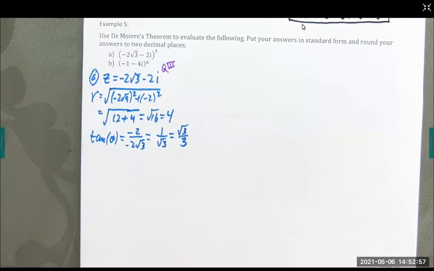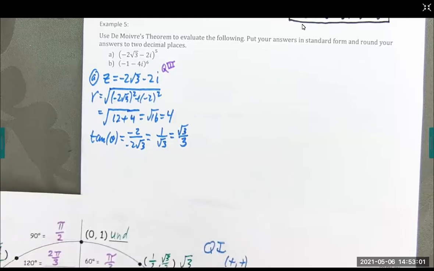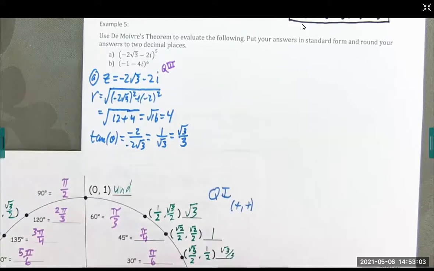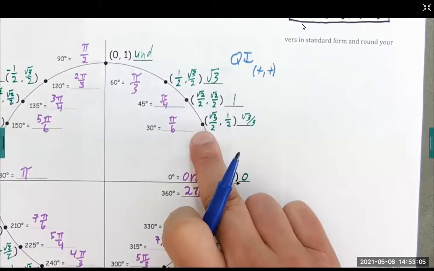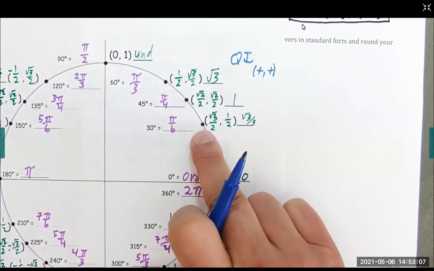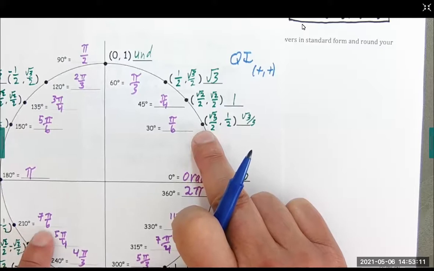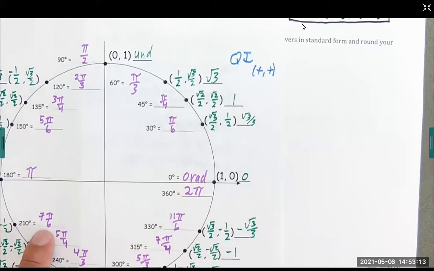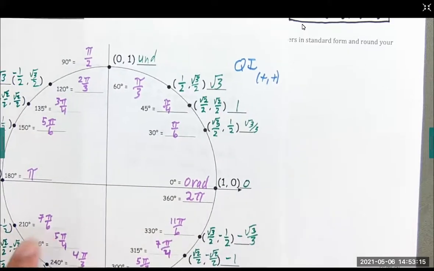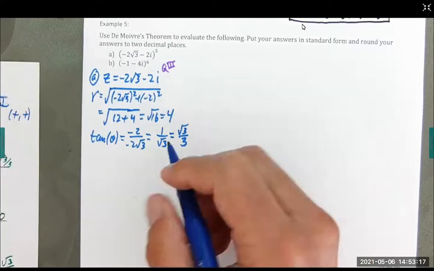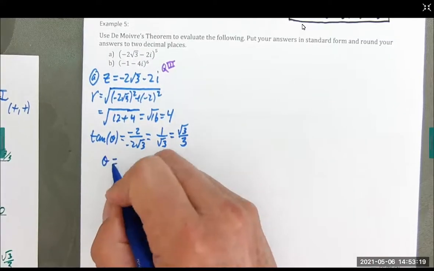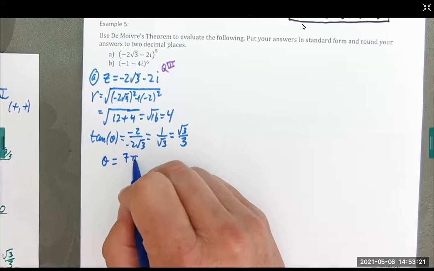So this very nicely is on my unit circle. And so I can see that the tangent is root 3 over 3 at pi over 6, but I need the version over here in quadrant 3. So here I am at 7 pi over 6. So that is my angle. So theta is 7 pi over 6.